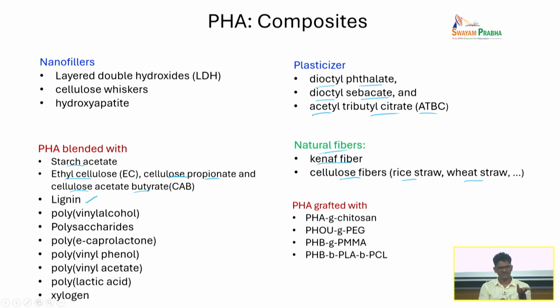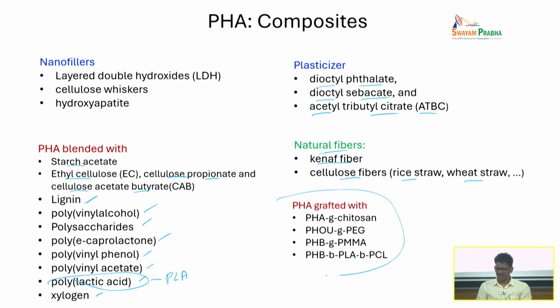Recently, PHA has been blended with lignin also. PVA, polysaccharides, caprolactam, polyvinyl phenyl, polyvinyl acetate, even PLA, and then xylogen. It's been blended with many of these in order to improve the thermal property and mechanical property for desired applications.